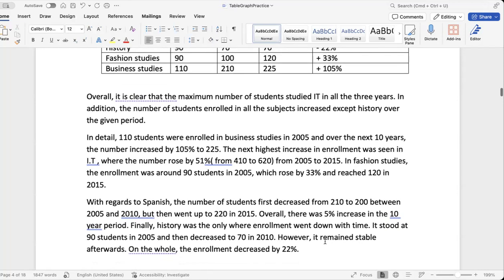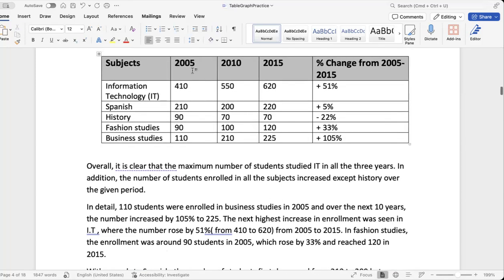If we have the total amount of students in the table, how can we mention it in the text? If you have to mention the total number of students. Total for all the subjects together?